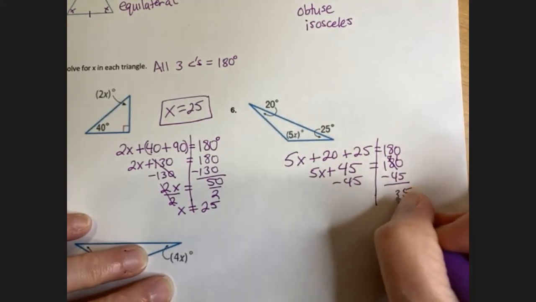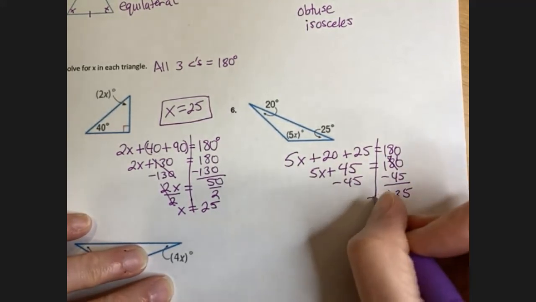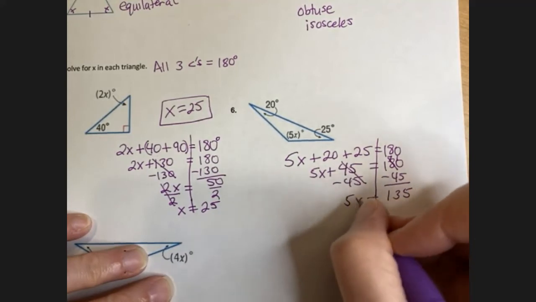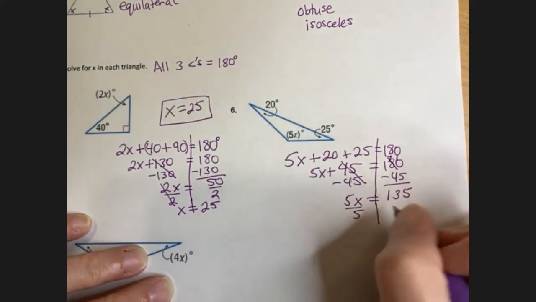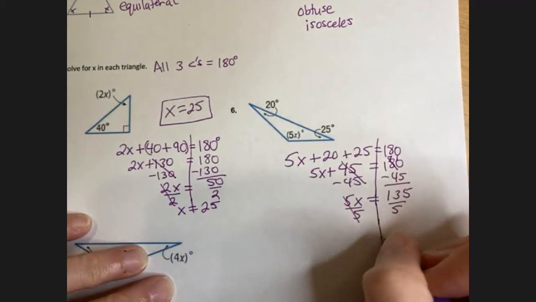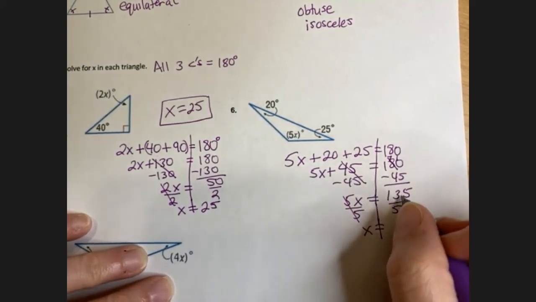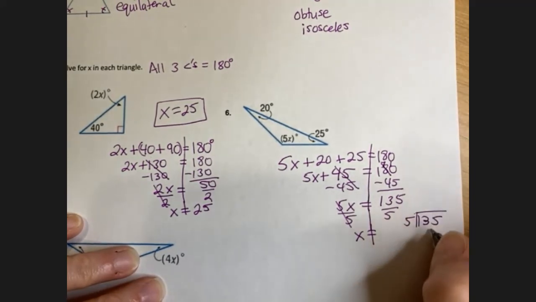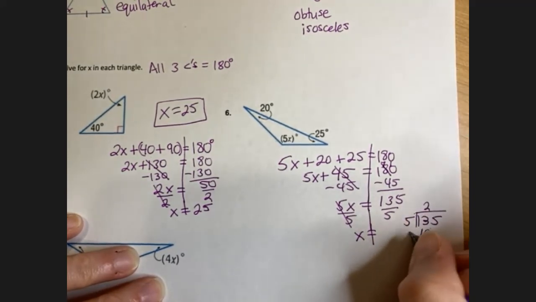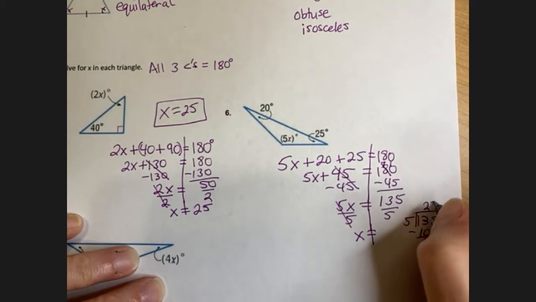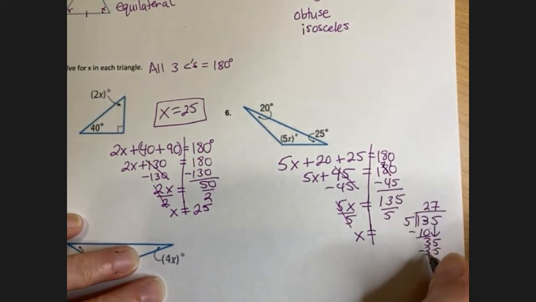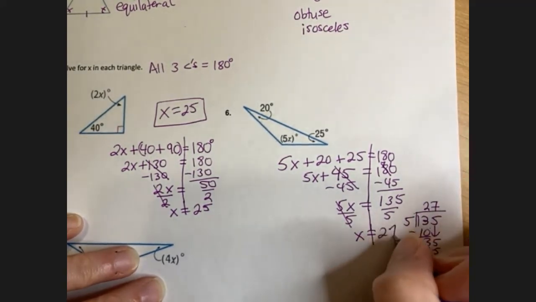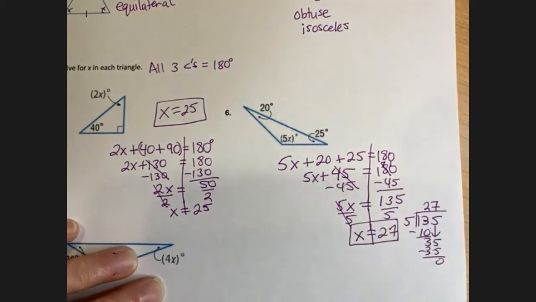That's a 5, a 3, and a 1. And that equals, and these cancel out, 5x. And then I divide by 5 on both sides. So 5 into 135, and I do a little quick math over here. 5 goes into 13 twice is 10. I get 35. It goes 7 times to make 35. I get 27 as my answer.